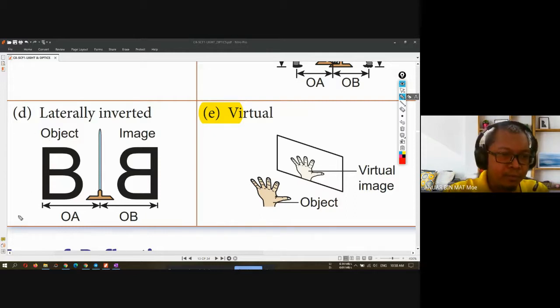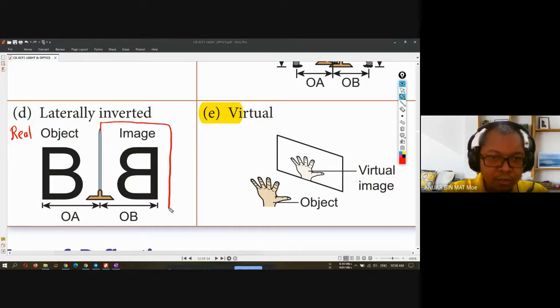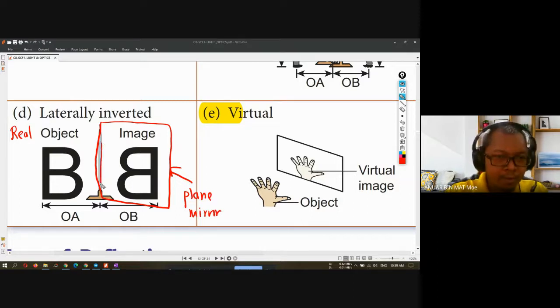This is the real object, and then this is the image. I will draw the line for you. So this is the plane mirror. Okay, this is the plane mirror.